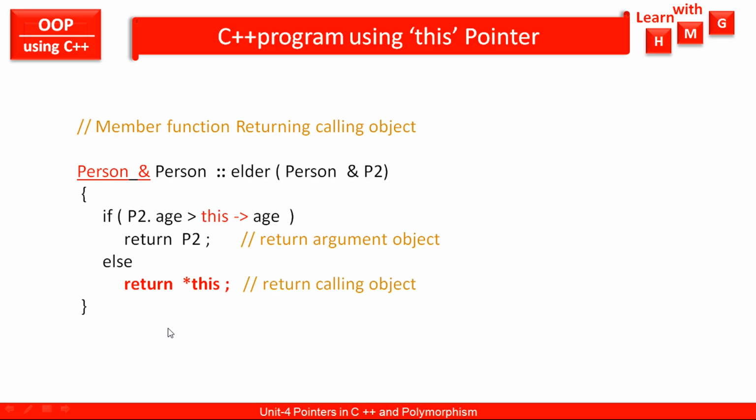In this way the elder function returns the calling object. So person ampersand indicates that the elder function returns a pointer to the calling object, a pointer to a person type of object, and here it is done using return star this, which is returning the address.